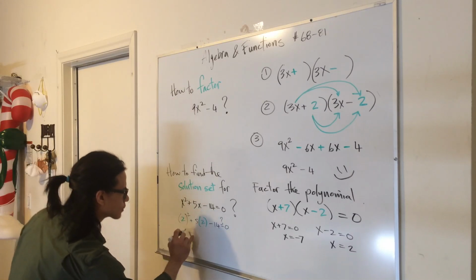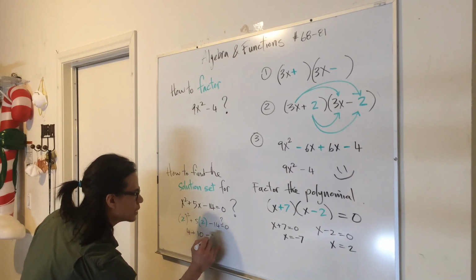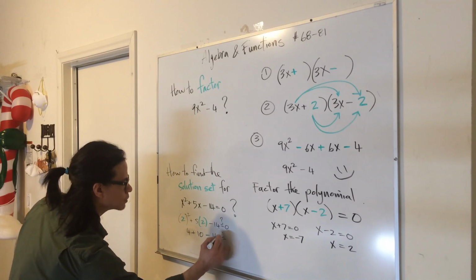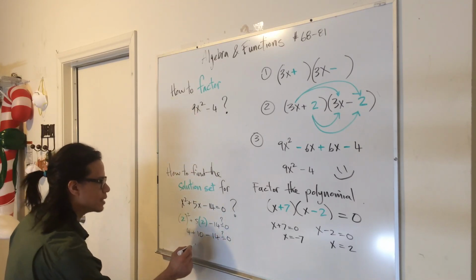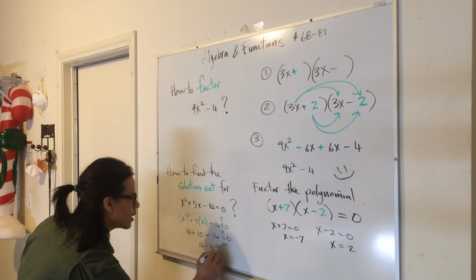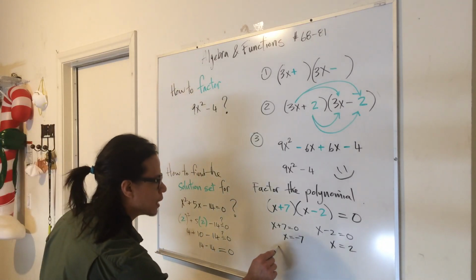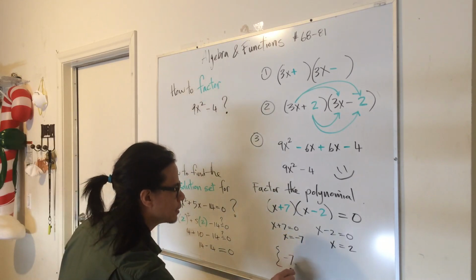It's 4. Plus 5 times 2 is 10 minus 14. Okay, does it equal 0? 4 plus 10 is 14. Minus 14, yay! It does equal 0. So we can conclude that our solution set is negative 7 and 2.